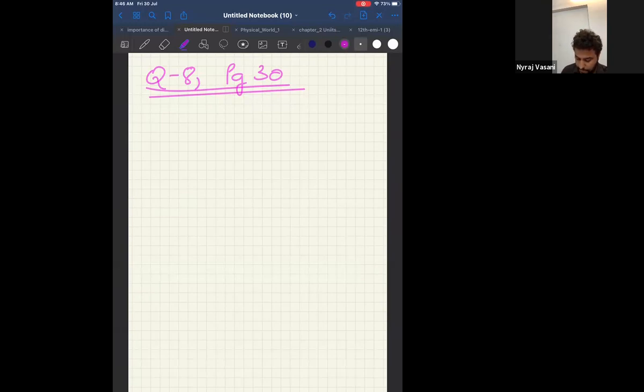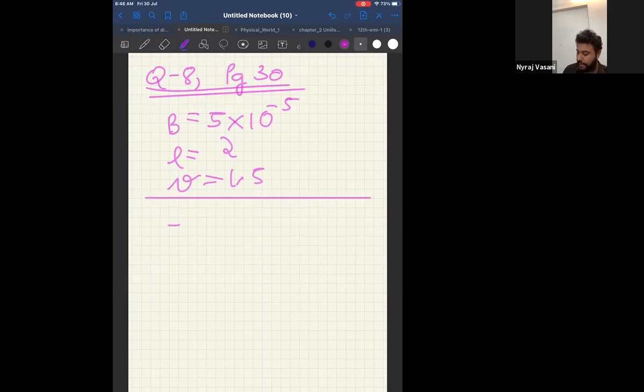So, a boat moving due east in the region where Earth's magnetic field, that is B, is equal to 5 into 10 power minus 5. The boat has a length of 2 meter. The speed of the boat is 1.5, it is moving north and horizontal, meaning sine theta is anyway 1. Therefore, can I say E is equal to BLV?